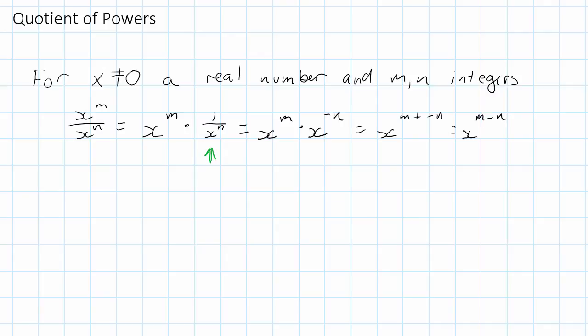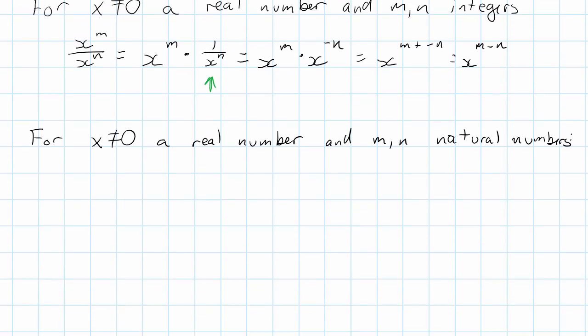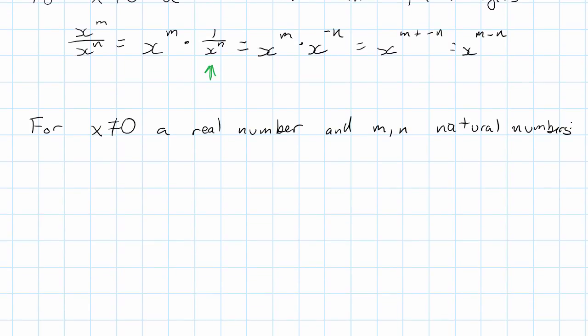Okay, what if you don't like that? What if you would rather think about this just in terms of pretend division is a real thing? We can get this just in terms of natural number exponents, right? We have x to the m over x to the n.